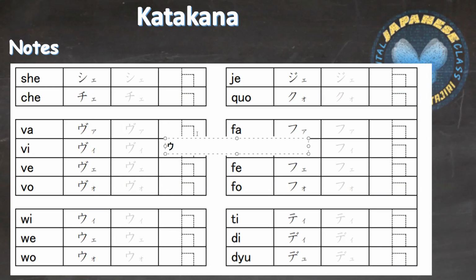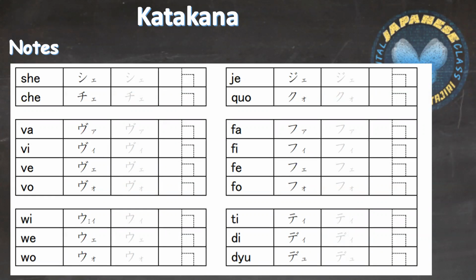But you add a dakuten, so it becomes va. But the second one is a small one. It's not as big as this. So our va, vi, vu, ve, vo.